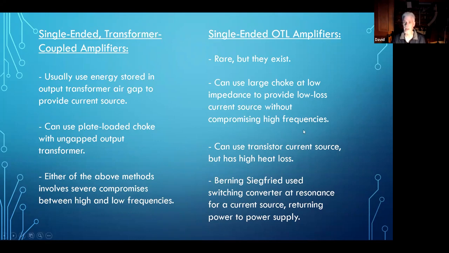Incidentally, just as a little side thing I might mention, I've done this, and Westrex, the people that make the 300B, are doing it now in an amplifier that they produce, which is kind of a cross between a single-ended amp and a push-pull amp.